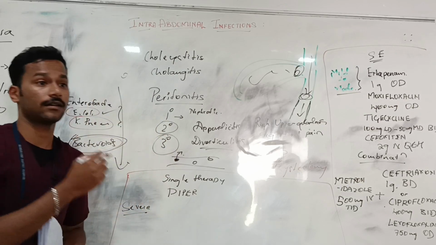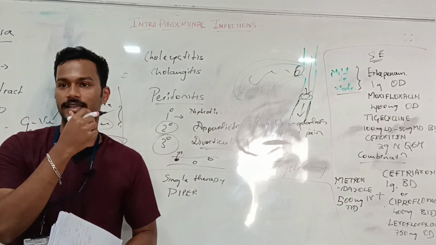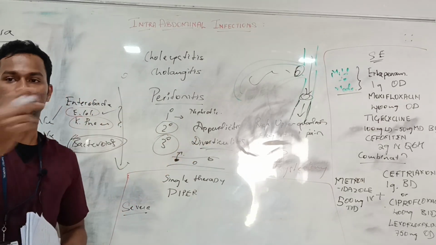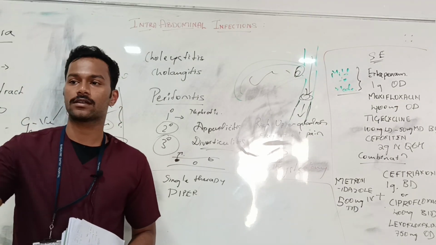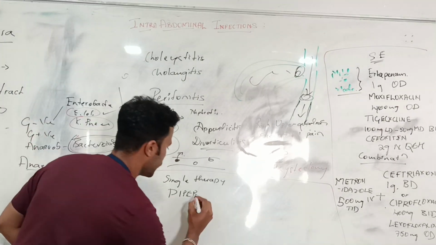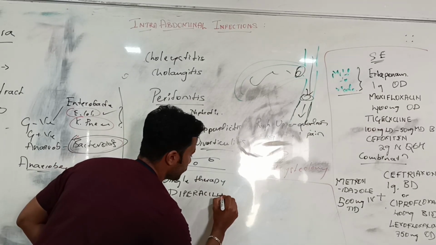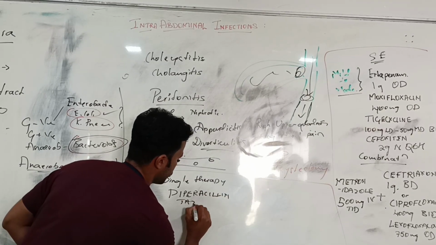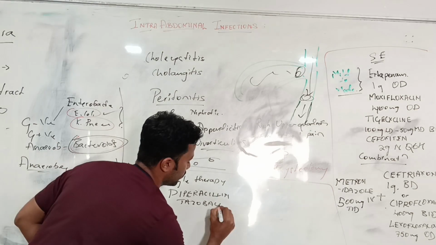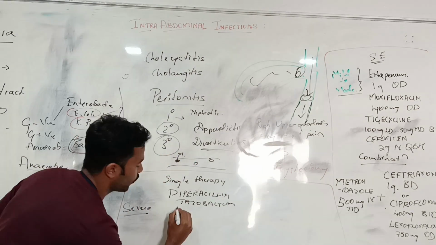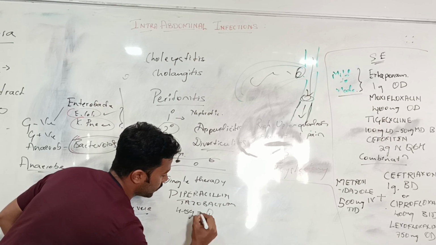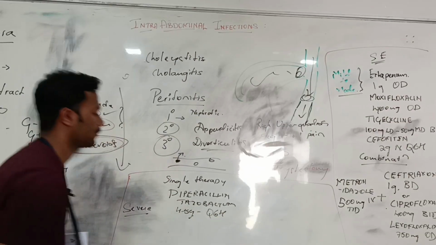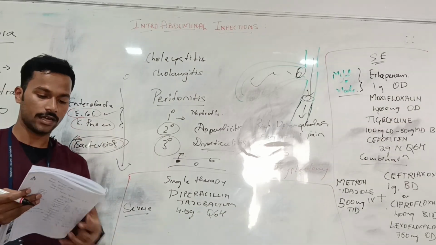It will cover Pseudomonas aeruginosa as well. So I said that to you that time also. For the complicated, I mean severe cases, we will cover Pseudomonas aeruginosa as well. This can be said by anyone. 4.5 grams Q6H. This is one drug.